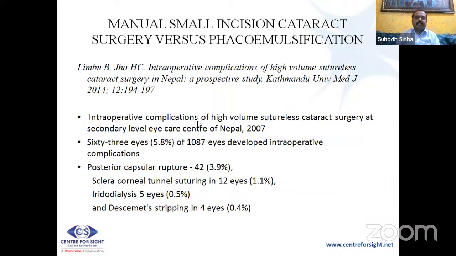This study was done in Nepal again, and they mentioned some of the complications, like 3.9% had posterior capsule rupture, and sclerocorneal suturing was required in very few cases. Iridodialysis was one of the complications, and Descemet's stripping also.